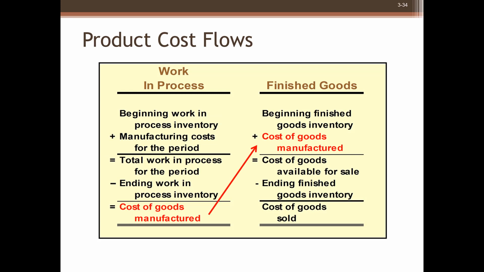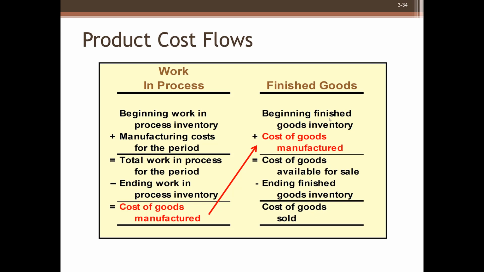Cost of goods manufactured will be transferred from work in process to finished goods. For the finished goods equation here, if we have a beginning finished goods inventory plus cost of goods manufactured, we will get cost of goods available for sale. Minus ending finished goods inventory, we will get the cost of goods sold.